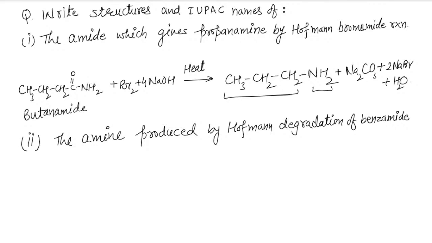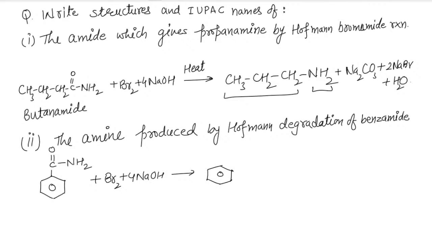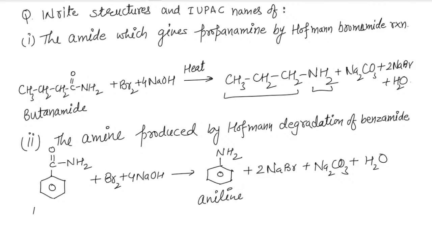I will write benzamide. Wow, Sahil, very good. This is benzamide. So obviously the CO is removed with Br2 and NaOH, along with 2 NaBr, sodium carbonate, and water. So we get aniline.